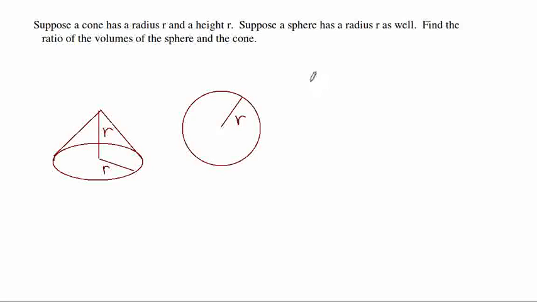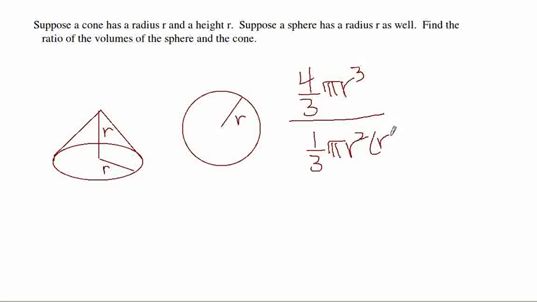The volume of the sphere is 4/3 pi r cubed. We'll divide that by the volume of the cone, which is 1/3 pi r squared times r, since r is the height. Now we can do some cancellation.